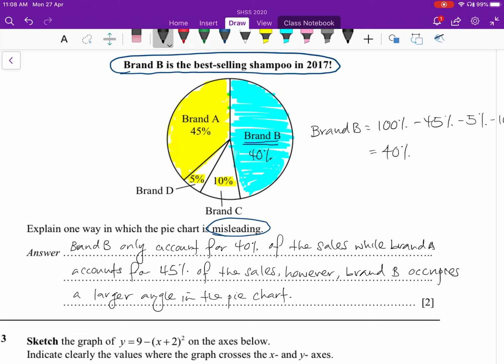So what is misleading? It will mislead people to think that brand B is the better selling shampoo, when it is not.